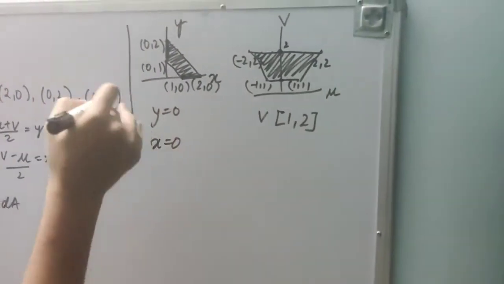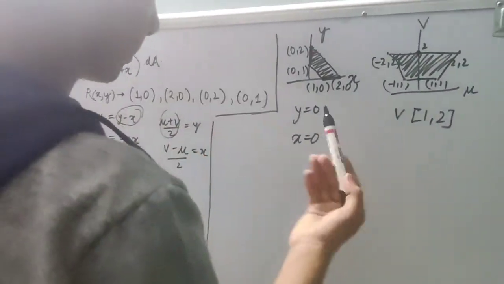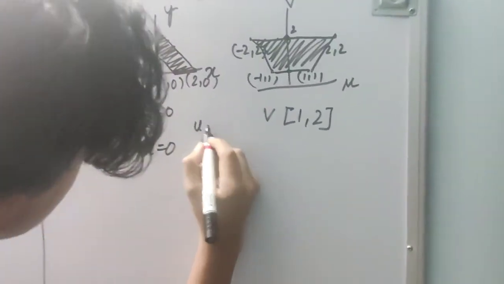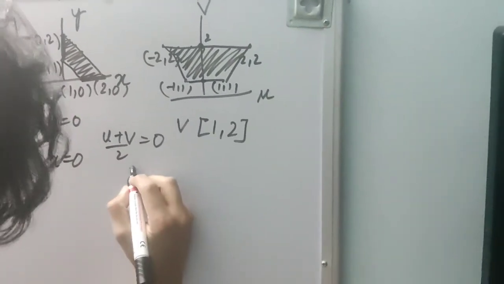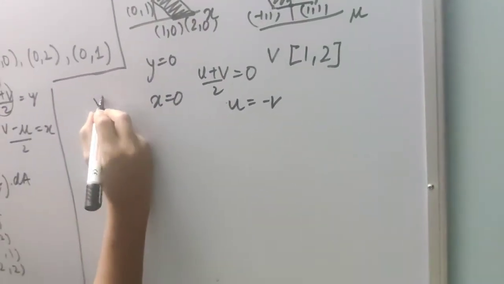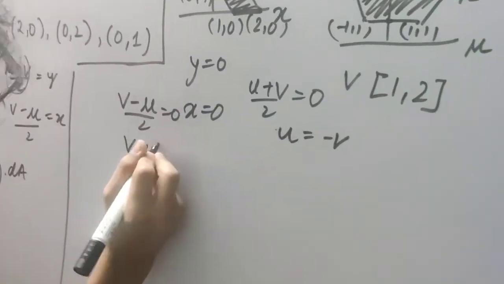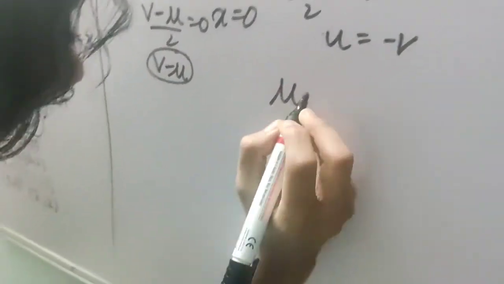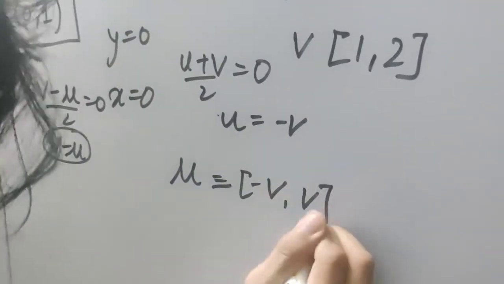We can replace y and x with these values to get u in terms of v. So we get (u plus v)/2 is equal to 0, which means u is equal to minus v, and from this equation we get (v minus u)/2 is equal to 0, which is v is equal to u. So we get u's limit as minus v to v.